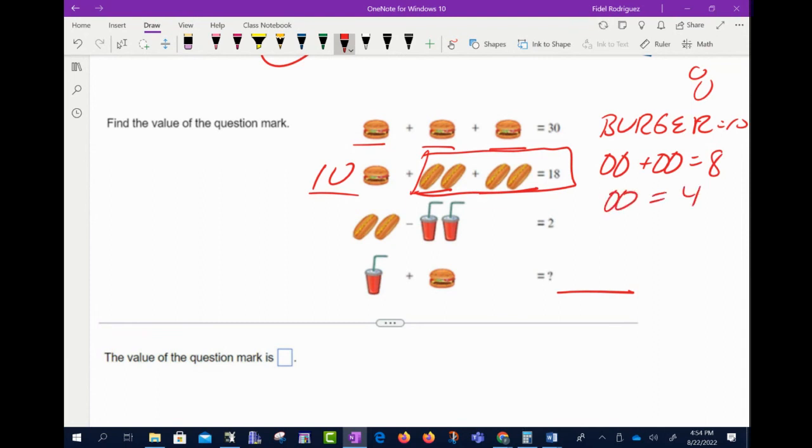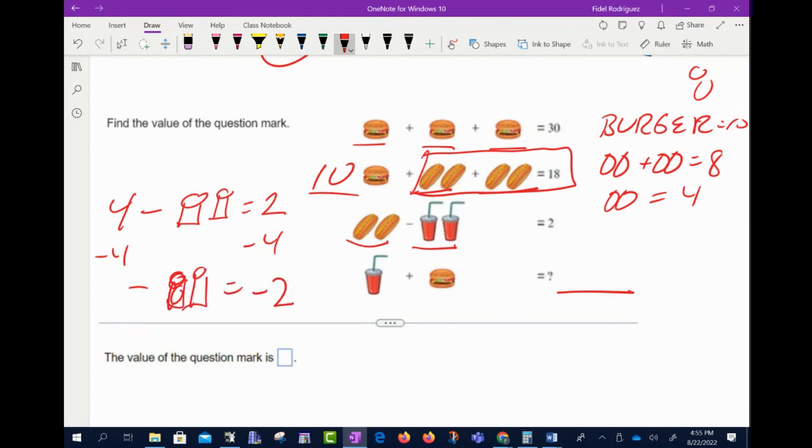Okay. Well, if the double hot dog minus the double soda is 2, right? So that's going to be 4 minus the double soda is equal to 2. So by minus 4 and minus 4, that means the negative double soda is a negative 2.